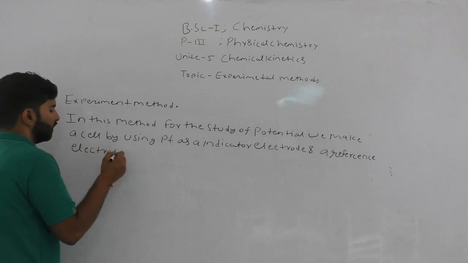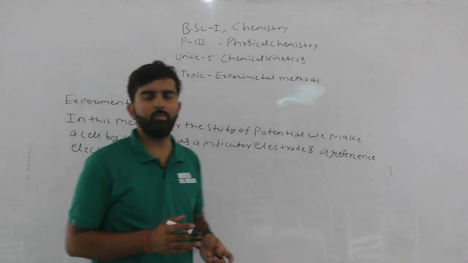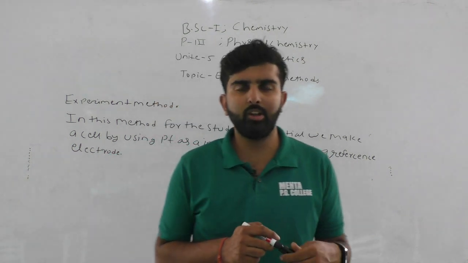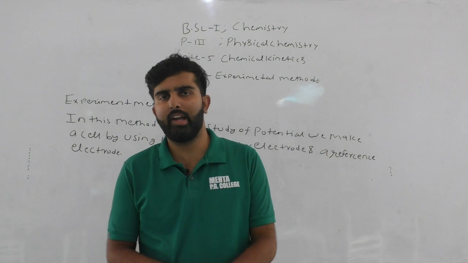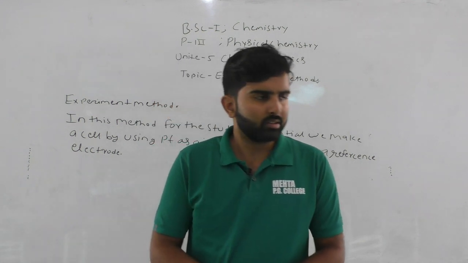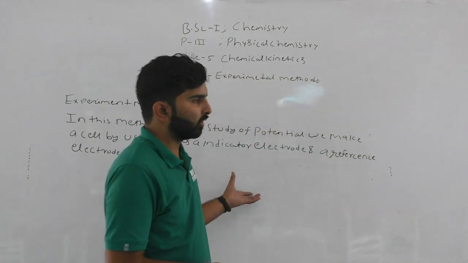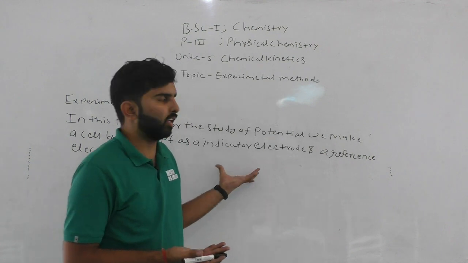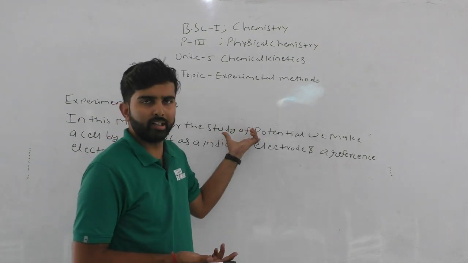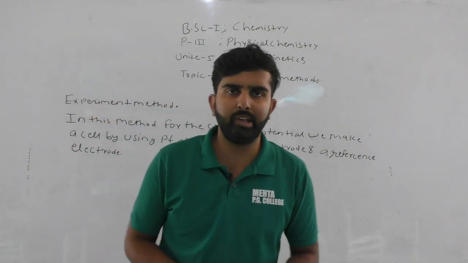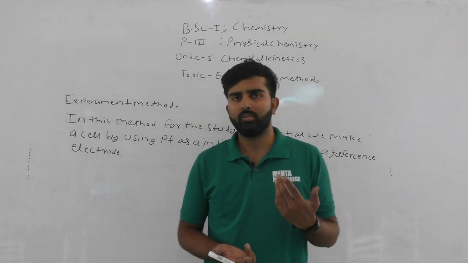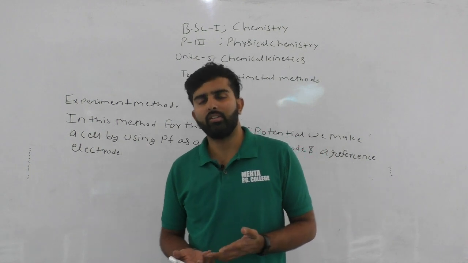Means, in this method, first we make a cell. Since we know that in a cell there are 2 electrodes, one is positive or anode and one is negative, which is cathode. So, first we make a cell by using a platinum electrode and a reference electrode. The reference electrode may be calomel electrode or oxygen electrode.